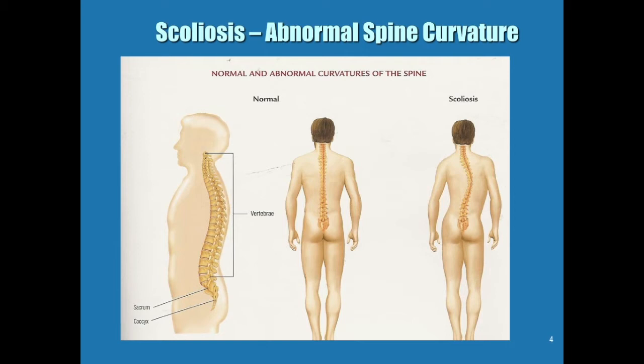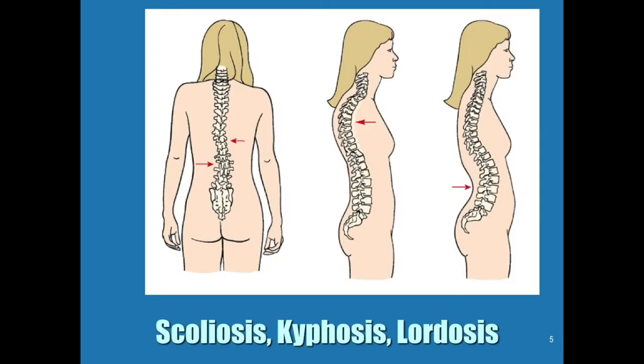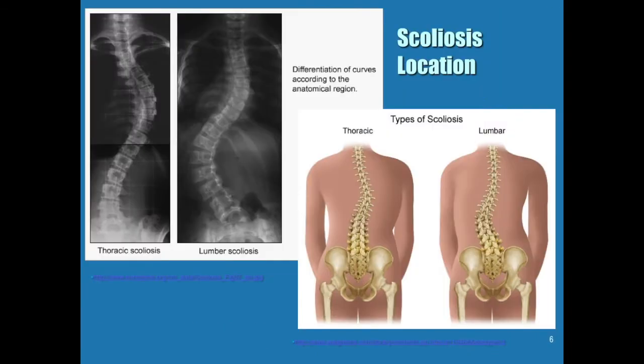You can also see that the hip is a little bit higher on that left side than on the right side. And here's the difference between scoliosis, kyphosis, which is a result of osteoporosis, and lordosis. And here's a nice X-ray picture of thoracic spine involvement or lumbar spine involvement.